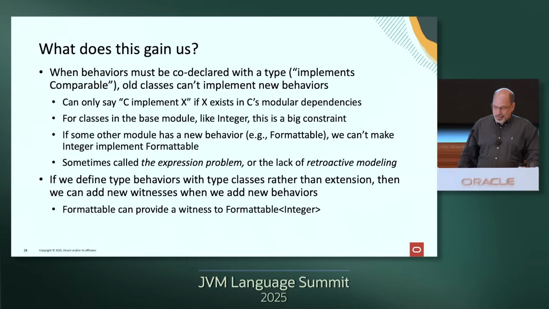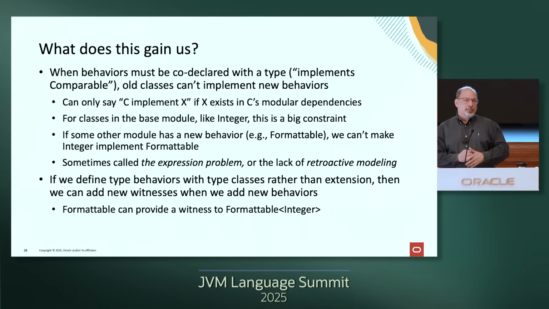So, all right, that's some cool language mechanics, but what does it gain us? Well, part of it is the ability to do some retroactive modeling. If I have to say integer implements comparable of integer, that means that old classes can't implement new behaviors.